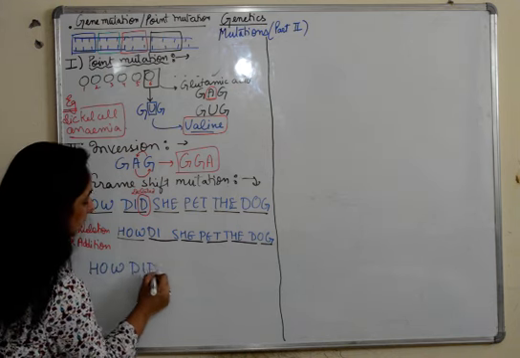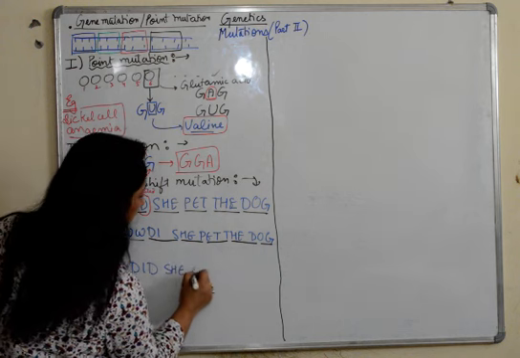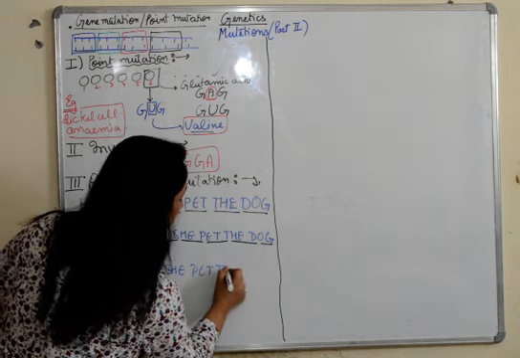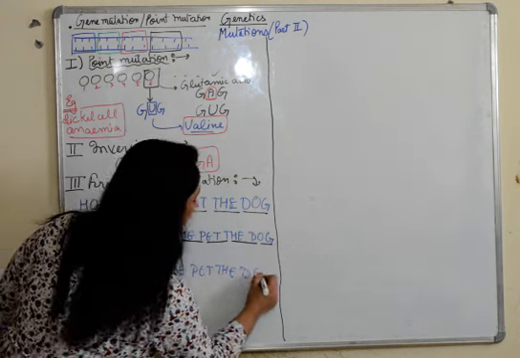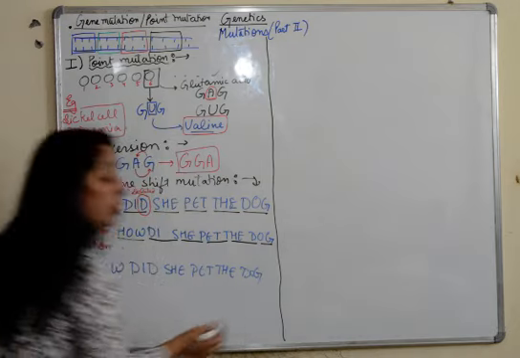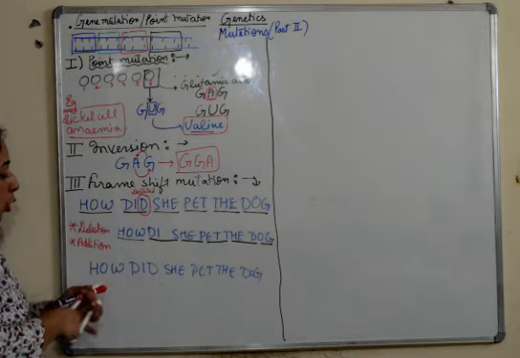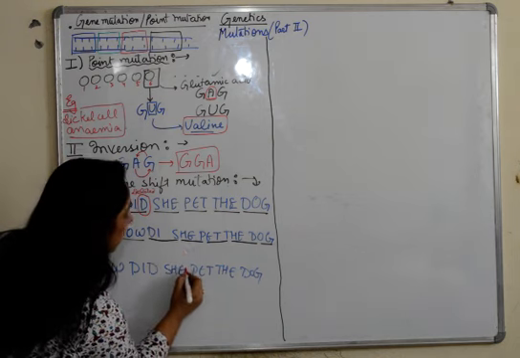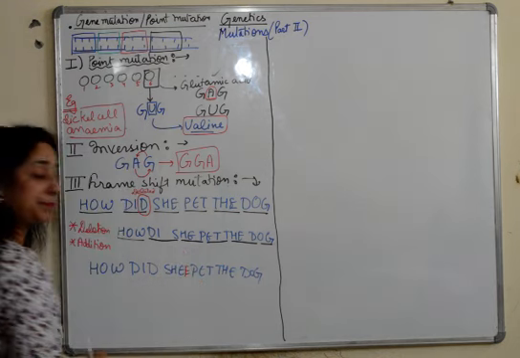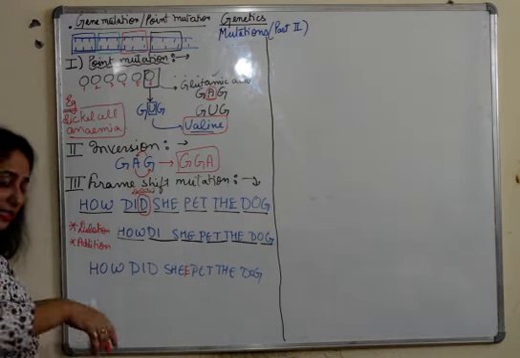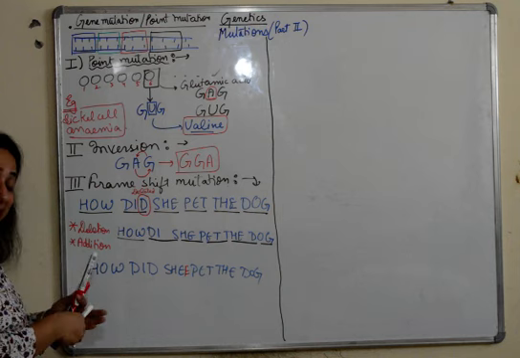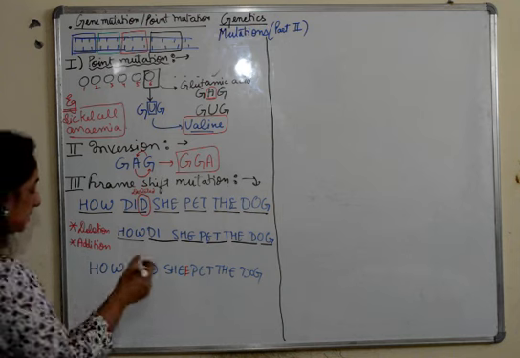How did she pet the dog? Okay? Now, addition has taken place. Suppose another E is added here. Added. Now it is added here. We read the sentence again in triplets.